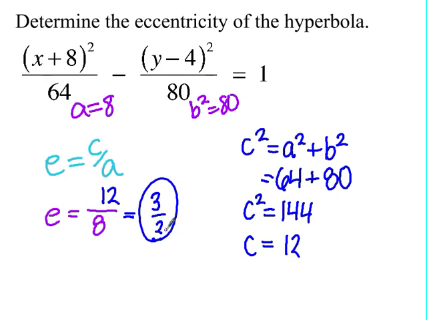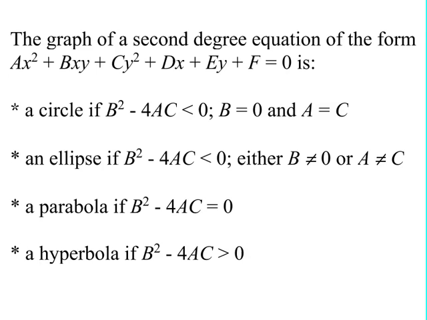Okay, the final thing we're going to cover, and this isn't going to take us a long time either, and then you'll have time to work, says that the graph of a second degree equation of that form is a circle if B squared minus 4AC is less than 0, if B equals 0, and A equals C. Okay, it's an ellipse if B squared minus 4AC is less than 0 as well.